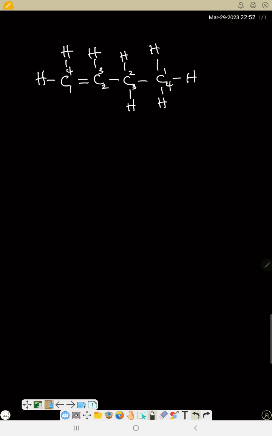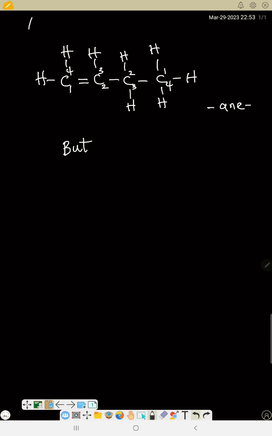Now let's name this. So we have numbered forward and backward. What is the longest carbon chain here? The longest continuous carbon chain here is 4, that is 1, 2, 3, 4. Even backward is 4. And 4 is but. Now you will notice you have a double bond here, so the double bond is in the suffix.